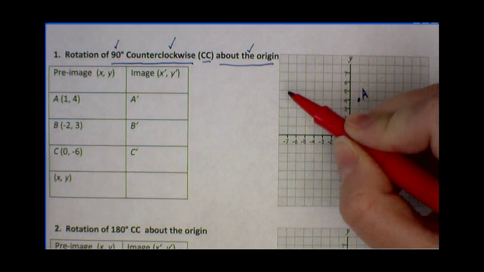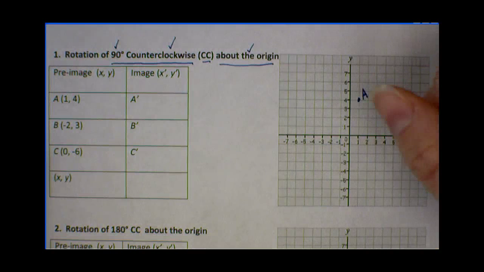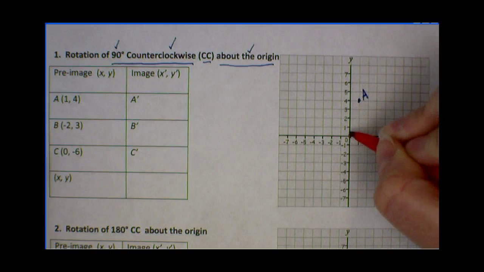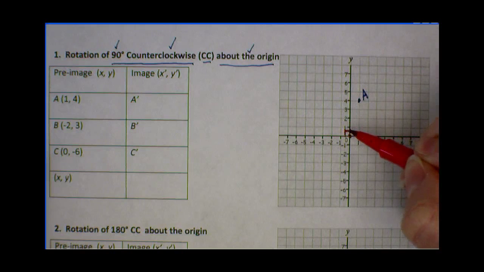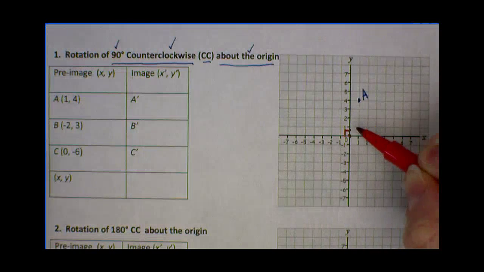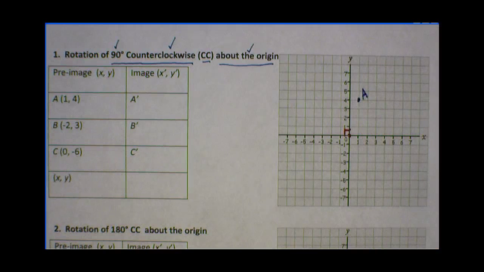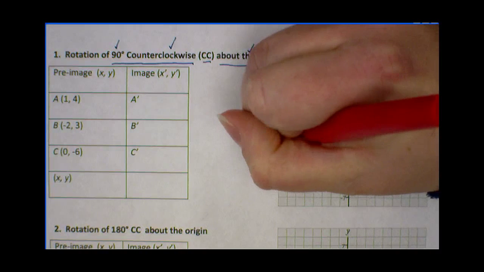To the left. Okay, so I'm kind of imagining that. And 90 degrees, since the origin is the fixed point, and that's what you've got to keep in mind. That's your fixed point, because we might have some other fixed points out there. Origin's the most common. Then basically, right over here, I'll just point to it. That's going to be the top of your paper, because the nice thing about your axes is they do form perpendicular lines. So we know that this will now be the top of our paper.